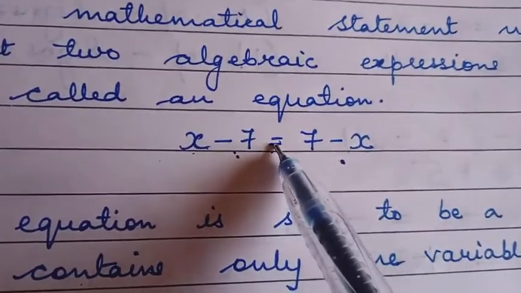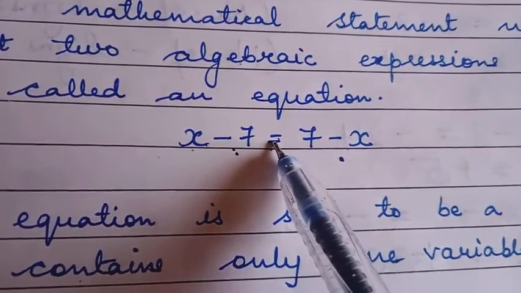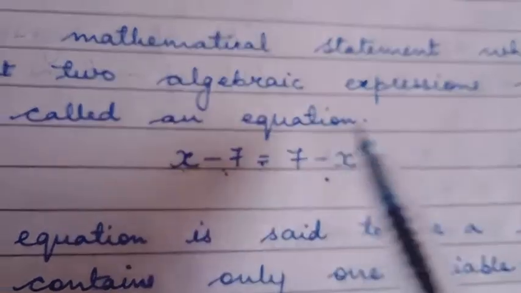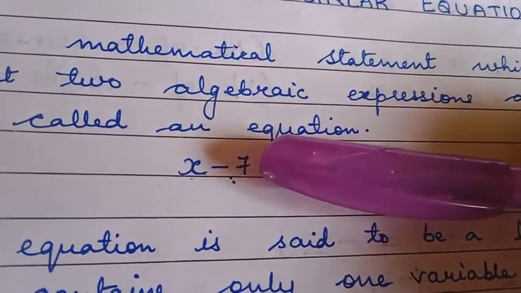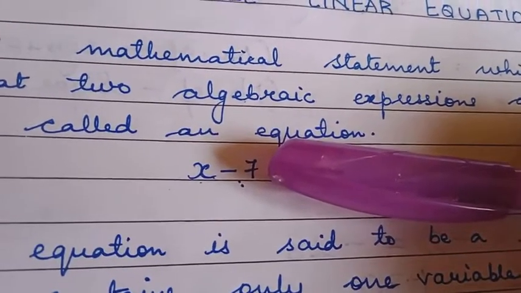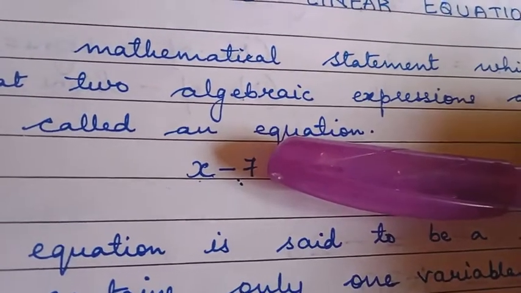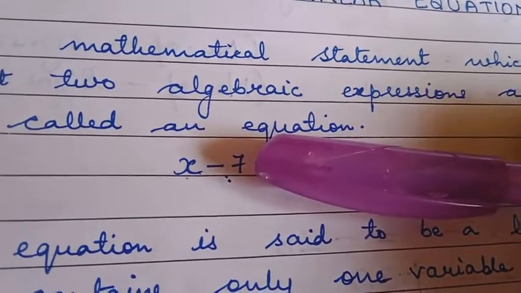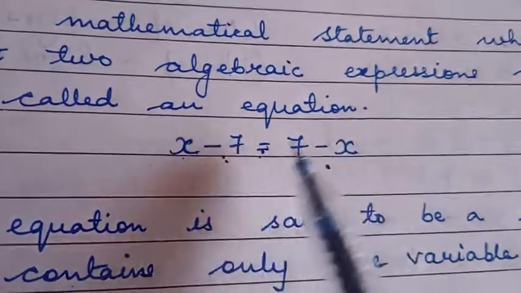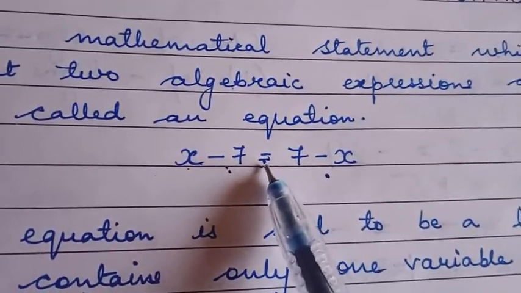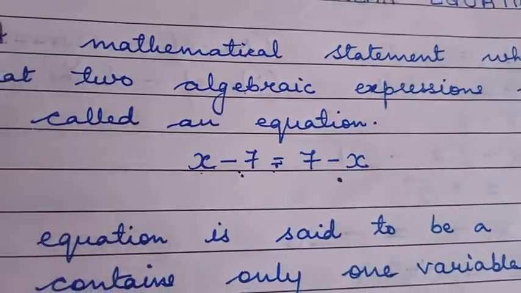Because it has is equal to sign in it. If I simply write only this part, x minus 7, then this will be considered as algebraic expression. And when is equal to sign comes between two algebraic expressions, we say that they form an equation.